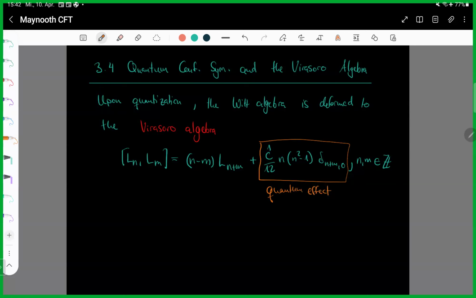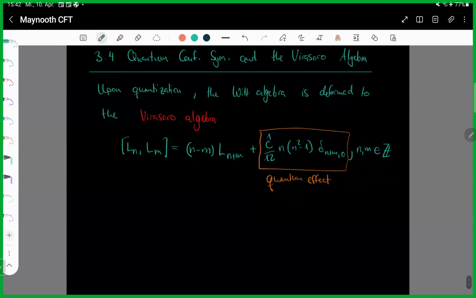I'm going to talk much more about Hilbert spaces in the CFT in a moment, but for time reasons, I'm just going to have to ask you to bear with me and believe me for now that when you go quantum, the Witt algebra is indeed deformed as claimed here. I hope you can bear with me. Thanks for the question.